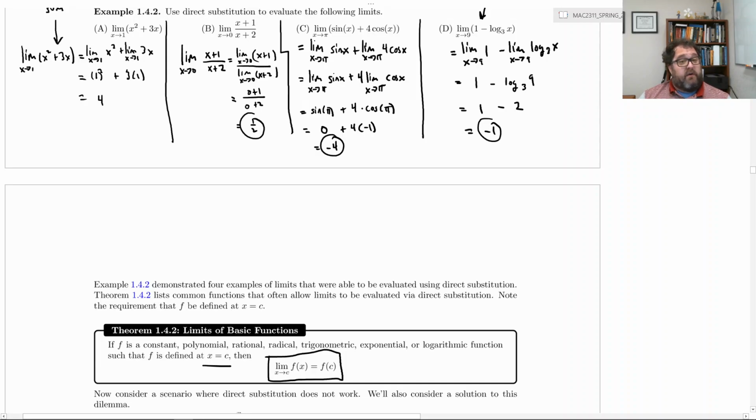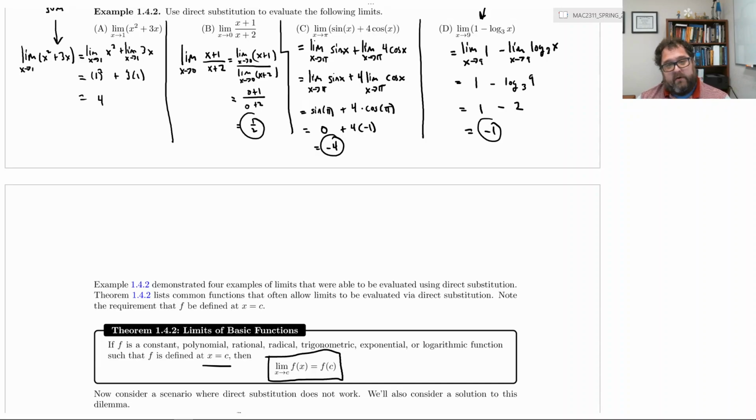Now, if you get some weird functions like piecewise functions that we've seen before, this theorem 1.42 does not hold. It holds for these functions I have listed here: constant, polynomial, rational, radical, trig, exponential, logarithmic, and the function has to be defined at c. That is, c has to be in the domain of the function.